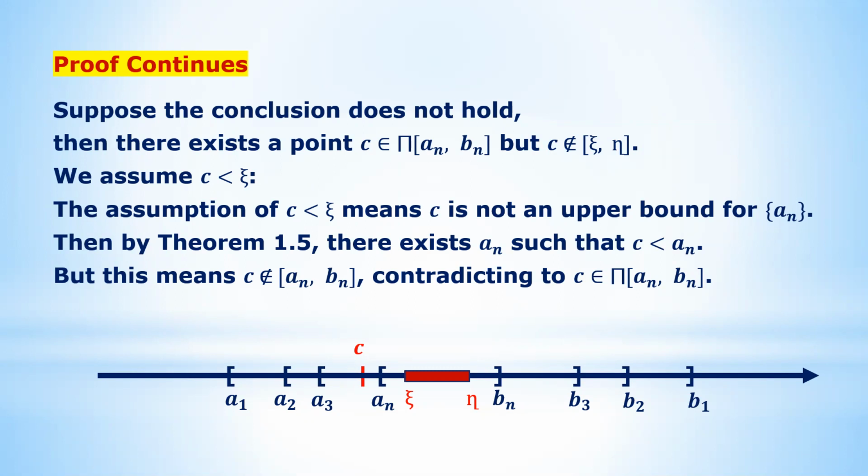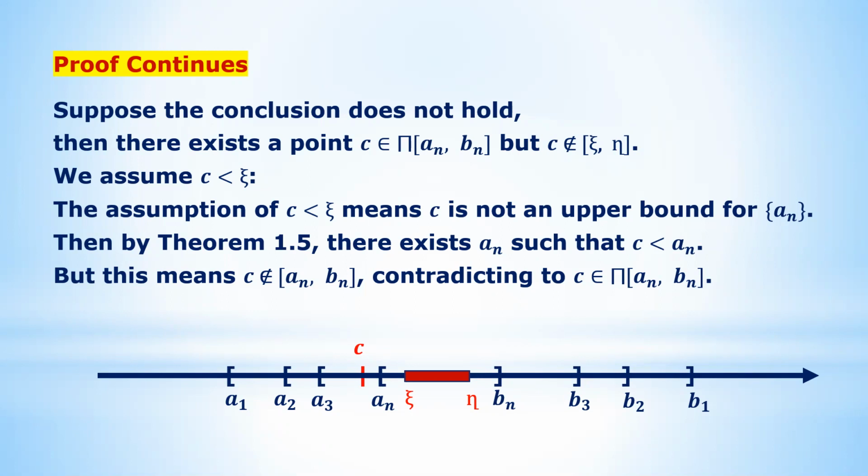Because c is coming from the intersection, c must belong to every interval a_n, b_n. But here we got the result that for a certain index, c is not in a_n, b_n.